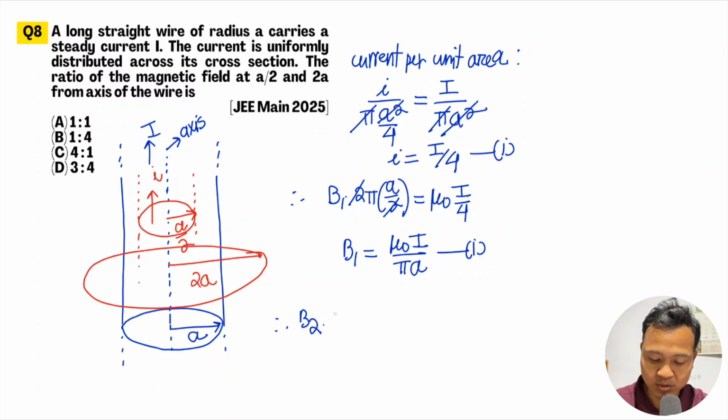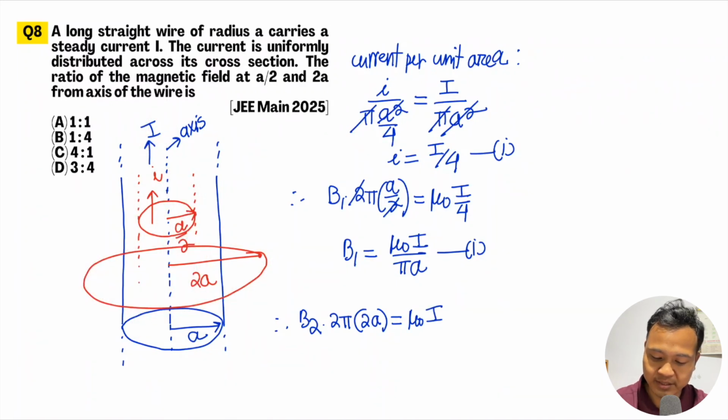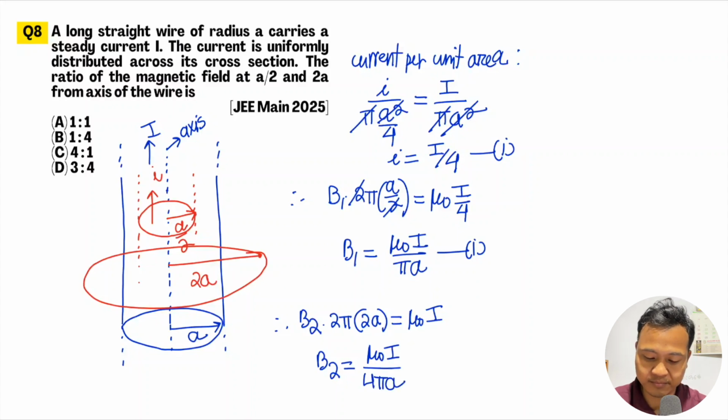B2 into 2 pi R, so 2 pi into 2A, B into dL should be equal to mu naught into whatever is the current inside the loop, which is the total current. So here it will be mu naught into I. So here B2 will be mu naught into I divided by 4 pi A.